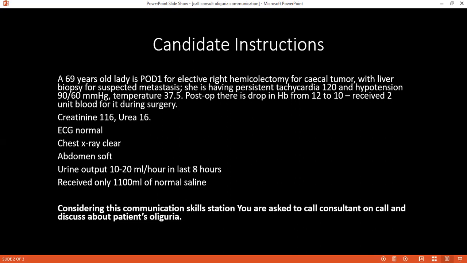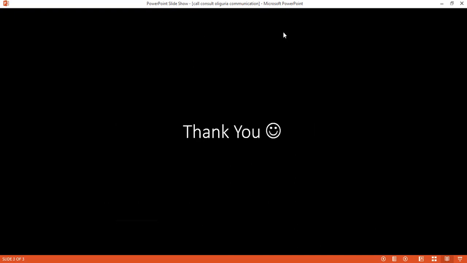So what is the normal average urine output? Normal urine output in adults should be 30 ml per hour or 0.5 to 1 ml per kg per hour. Okay, good. And urea is also showing dehydration, by the way. Okay, good. Thank you, ma'am.